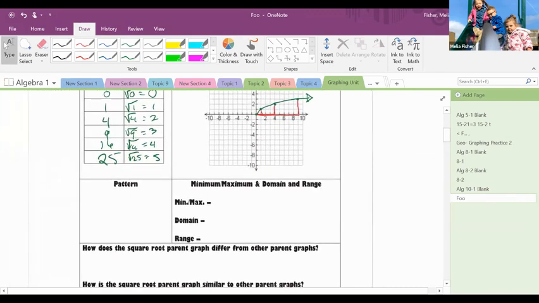So is it like the opposite of? Exactly. It is the opposite of squared, which should make sense since squaring and square rooting are inverse operations. So out 1, up 1, out 4, up 2, out 9, up 3.